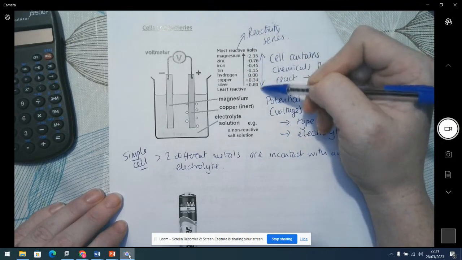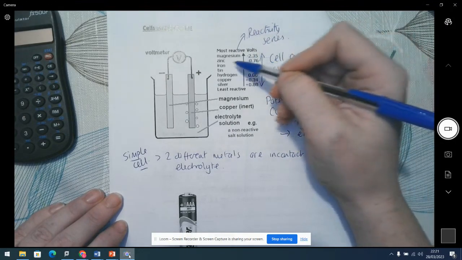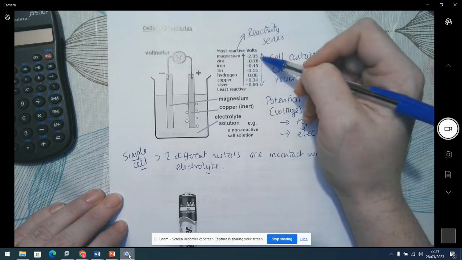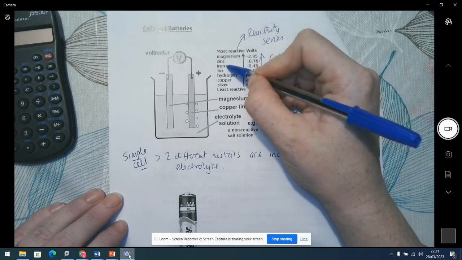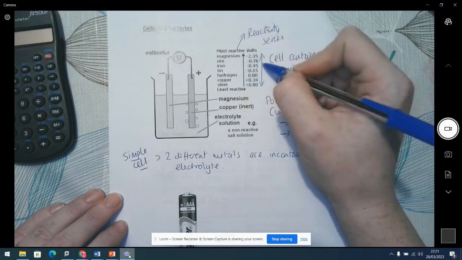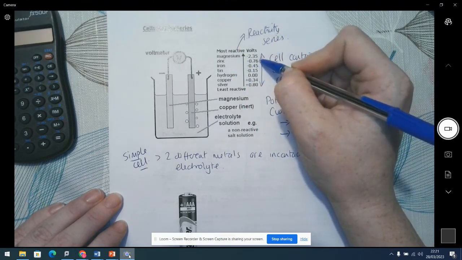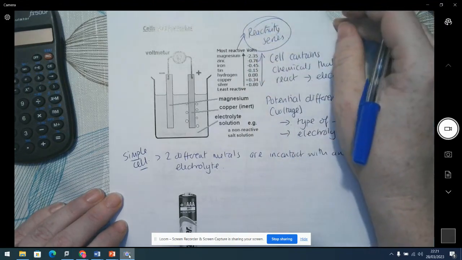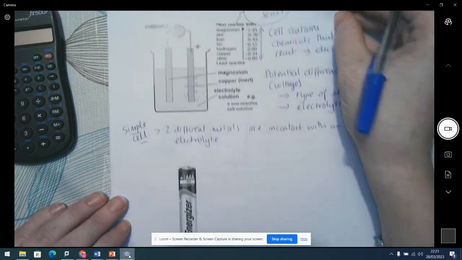If you've got a greater difference between the metals, so let's say magnesium and copper are quite far apart, then I would have a greater voltage change than, say, zinc and iron, which are really close together. You can see the difference is minimal. So I've seen this linked to the reactivity series, so just be aware of that.